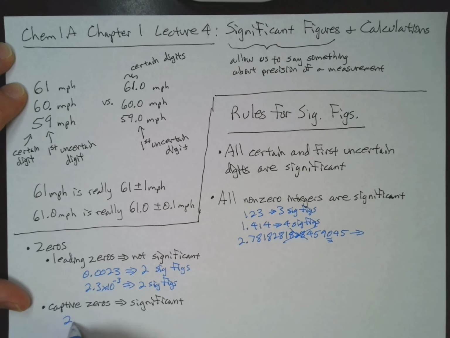So let's say I had 2.005. That would be 4 sig figs. In this case, the captive zeros are significant. If I had 1.4130204, I've got 1, 2, 3, 4, 5, 6, 7, 8 sig figs.